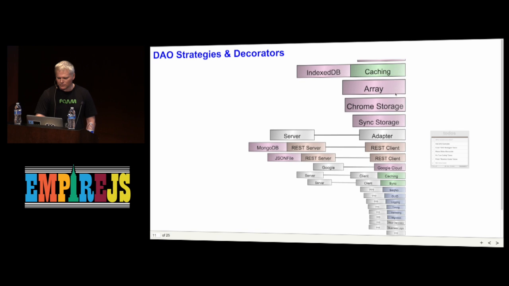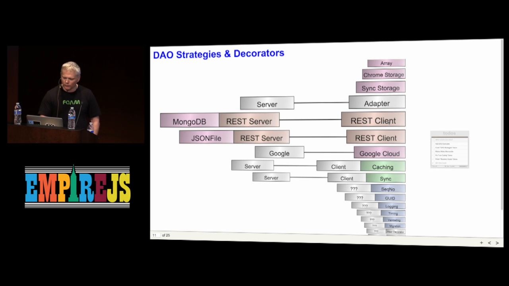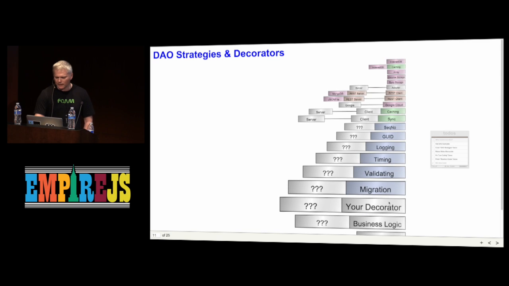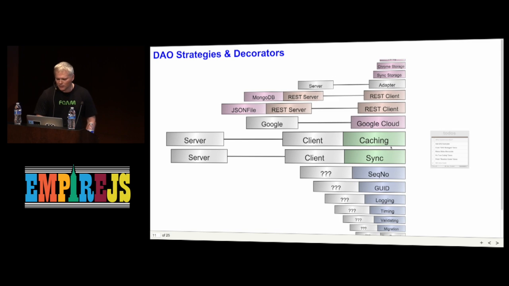And I can switch to all these other ones, or I can go with a REST client and go across to a server stored in MongoDB, or we have a bunch of decorators that we can use to add different things like timing, caching. We have several caching strategies, like time to live or LRU or whatever.